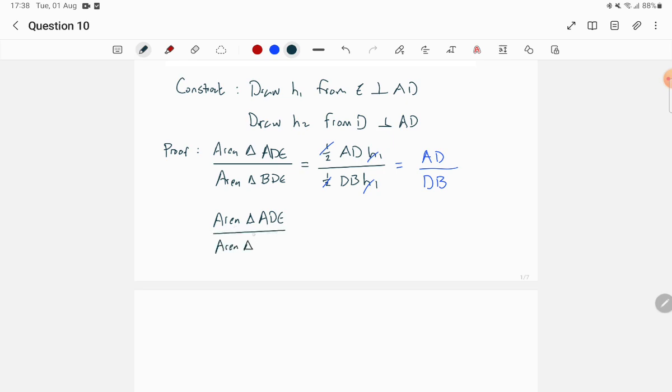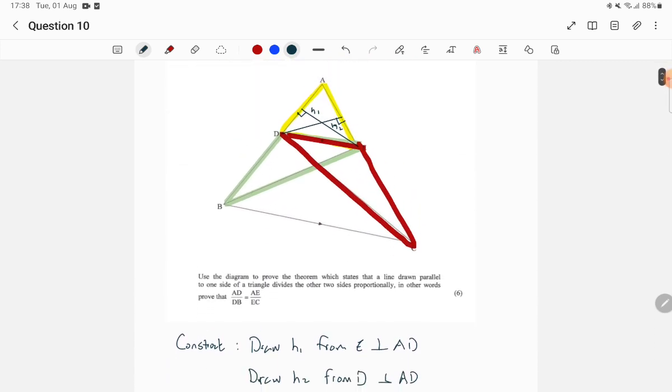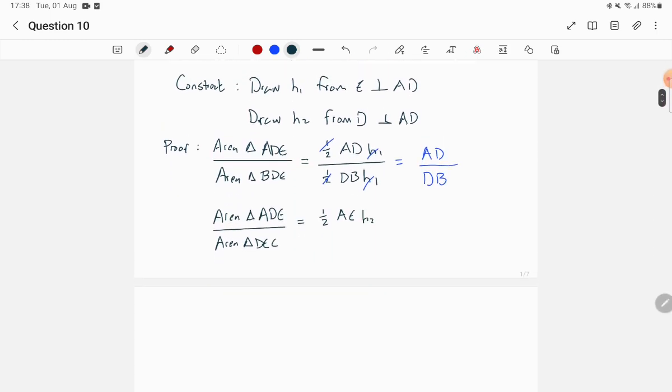Area of triangle DEC, and again this would be half AE, so it's from the other base on the other side, since we're using DEC in this instance, H2, all over half EC times H2. So again, halves cancel out, H2s cancel out, and we're left with AE over EC.